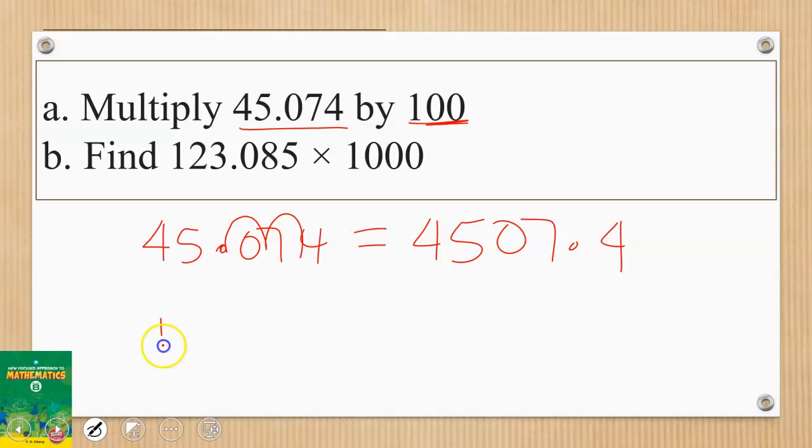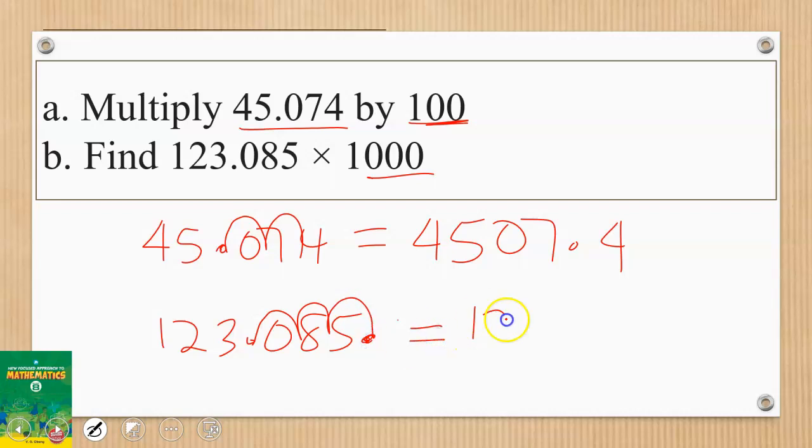Then the second question says 123.085 also times 1000. Again, there are 3 zeros here, which means you move 1, 2, 3. So then our answer becomes 123,085.